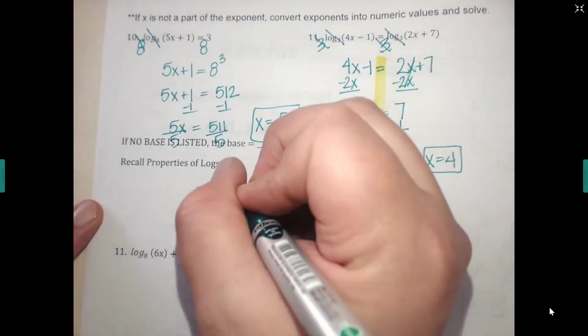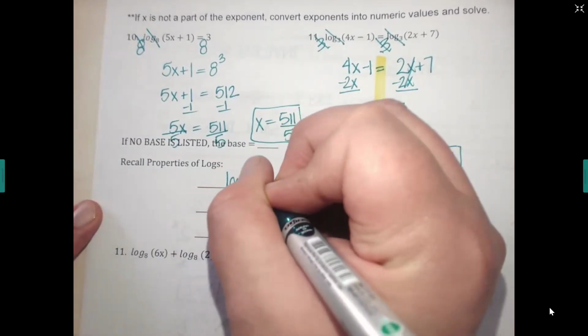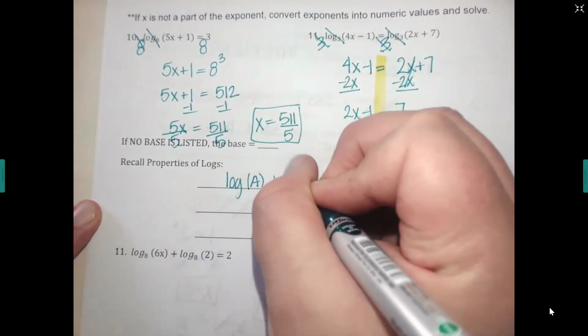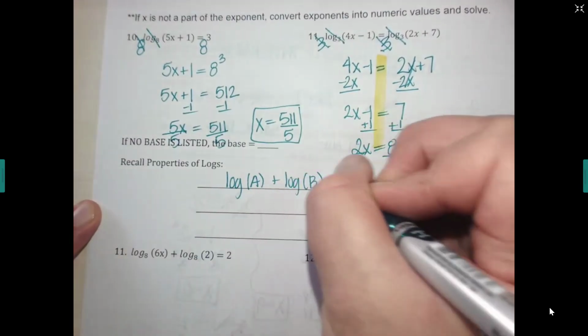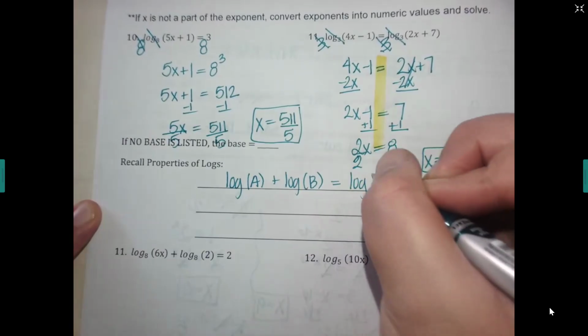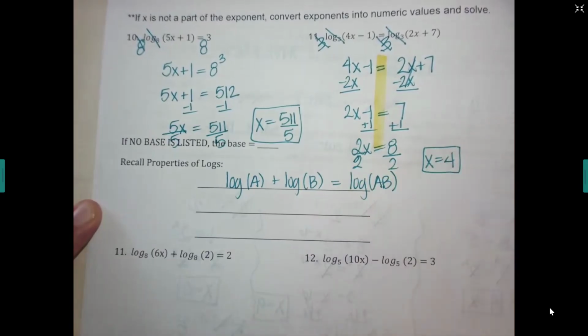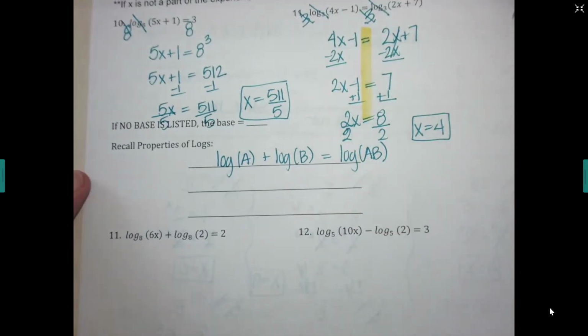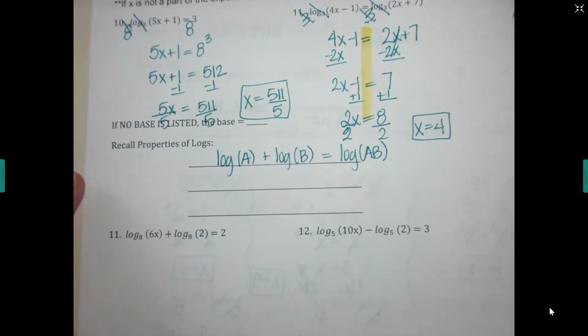Okay, so if you have a log of A plus a log of B, do you remember that you can squish them into the same log by multiplying the A and the B together? Do you remember doing that last time? Good. Now what if my log A and B are minus? You would divide. Very good.